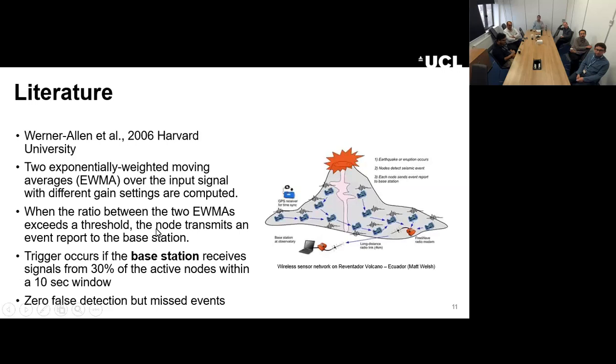And in 2006, I think the most comprehensive study about volcano detection, which is also quite old, from Harvard University. They deployed a sensor network to the volcano, and how it basically works is when an earthquake or eruption occurs, the nodes detect the seismic event and send the event to the base station.